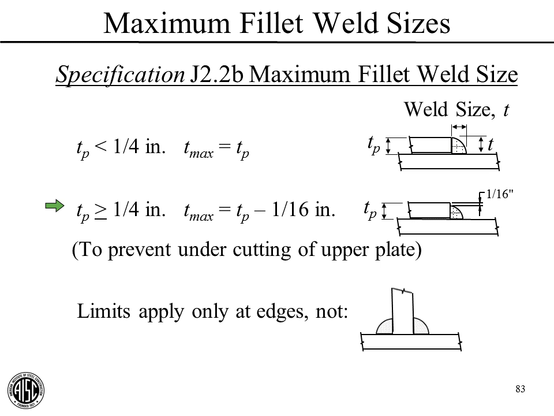Okay? If this plate t sub p is thicker, then we need to hold this down 1/16 of an inch. So the maximum size of the weld will be the thickness of the plate minus 1/16. Now the reason for this is that if the welder welds too high on this, he can eliminate this corner. And what will happen then? Imagine you're looking down at this.